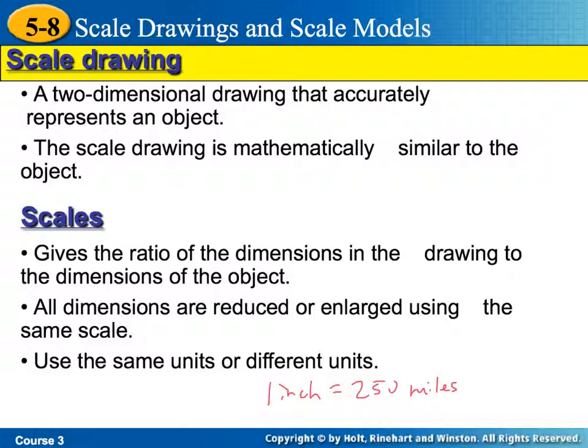That allows us to break down 250 miles into a single inch as we look at it on a map, because we don't want to have a map that's the actual distance. Why? Because if I wanted to find the distance between here and Japan, I don't want to have to actually walk the distance to figure that out. I want to be able to look at a map and measure and maybe find a distance similar to it.